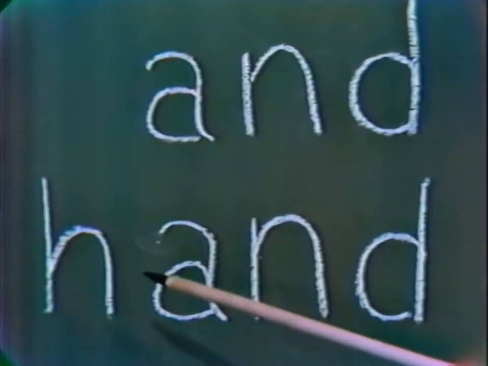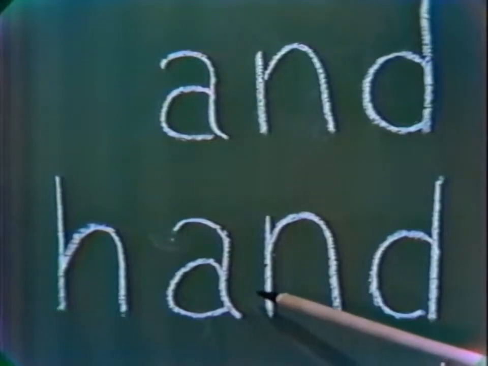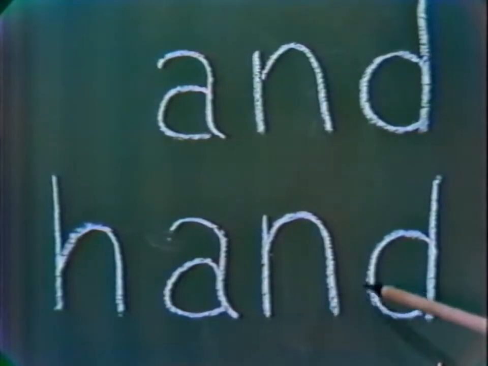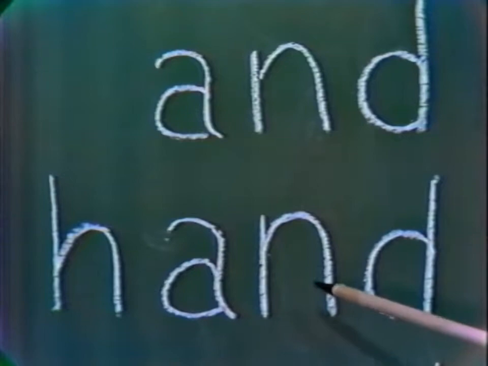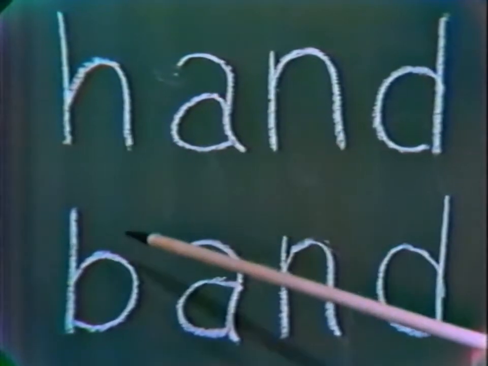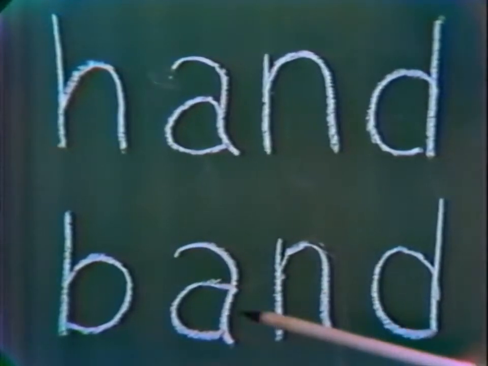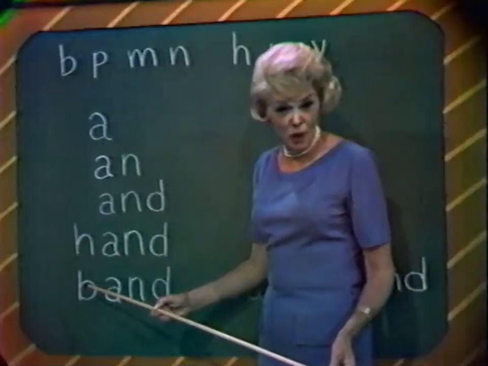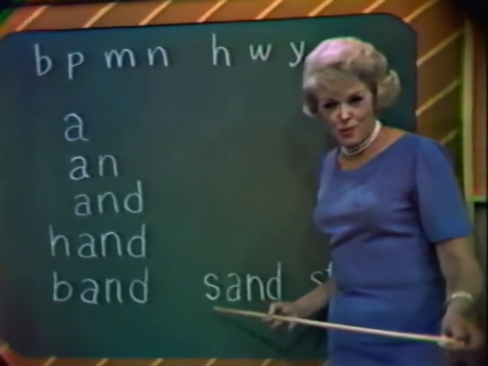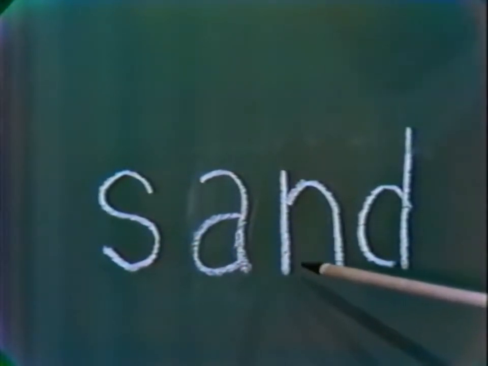Now if we put an H in front of and, we have made the word hand. Here's my hand. And if we change the H to a B, it becomes band. Then when we change the first letter to an S, it becomes sand, sand.